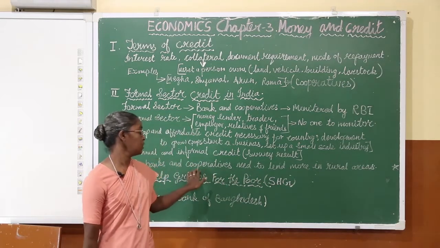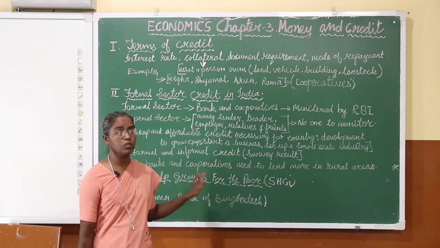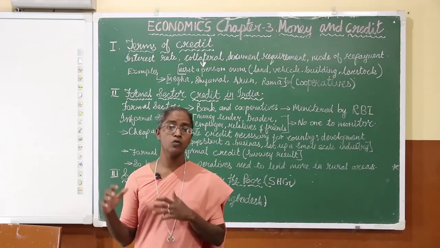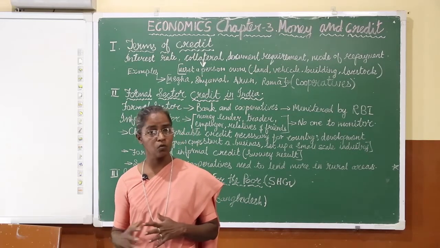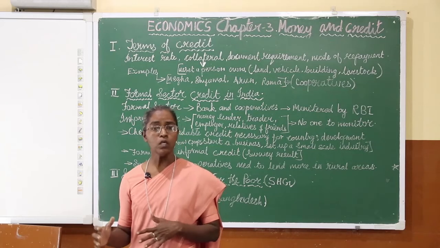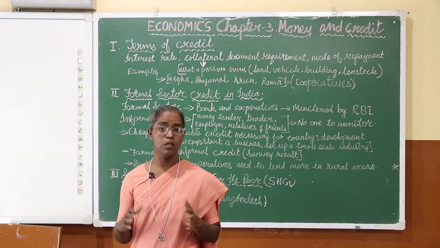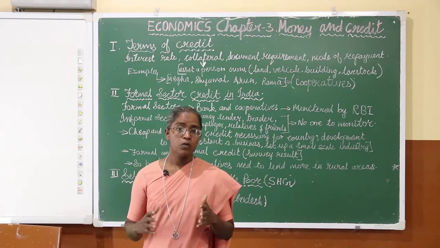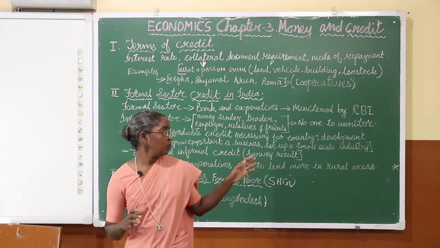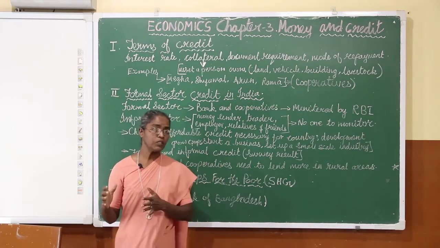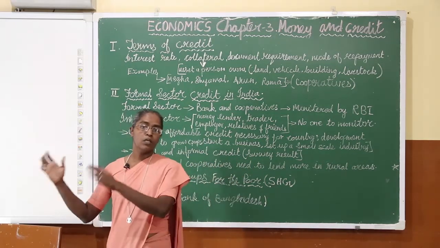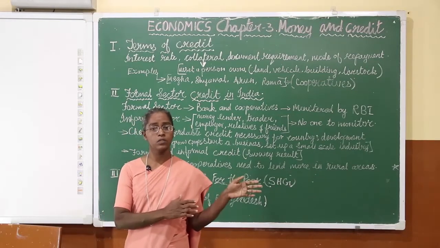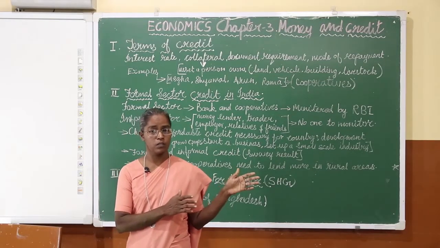So now what is the conclusion? The conclusion is that the banks and cooperatives have to extend their help or support more to the poor or the rural areas. When they are doing this, what will happen? There will be two things. One thing is that those who are depending on the informal sector, their dependence on the informal sector will reduce, and they will start going to the formal sector.